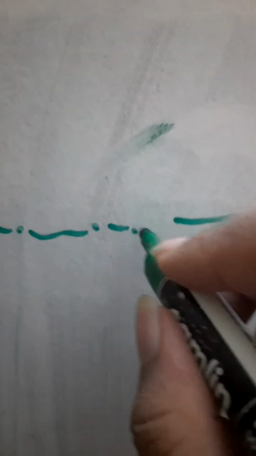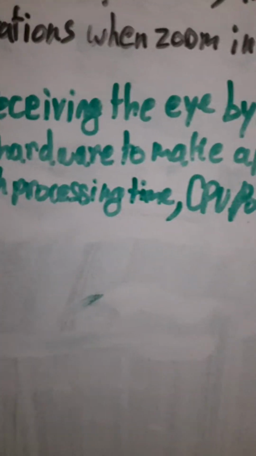Let's say if I add more dots in between, it looks much more like a complete line, right? If I keep increasing the dots, it becomes one line. So that's what anti-aliasing does. Now, deceiving the eye with smart algorithms or high resolution hardware to make lines appear smoother, taking high processing time, CPU power and storage is anti-aliasing.